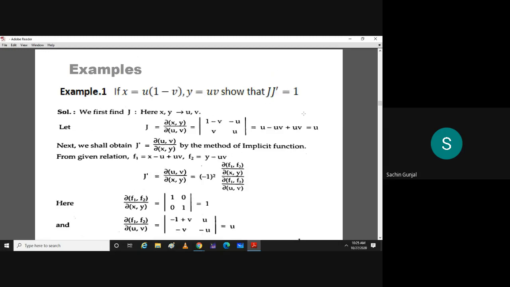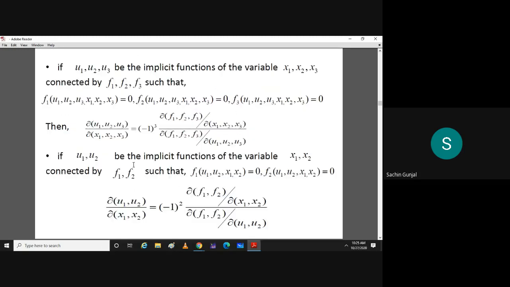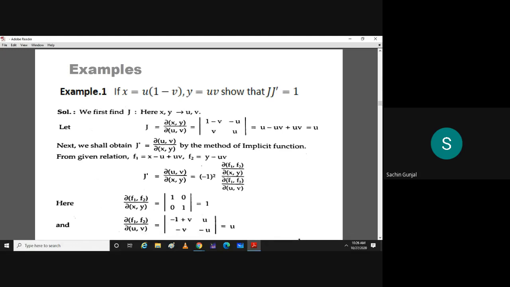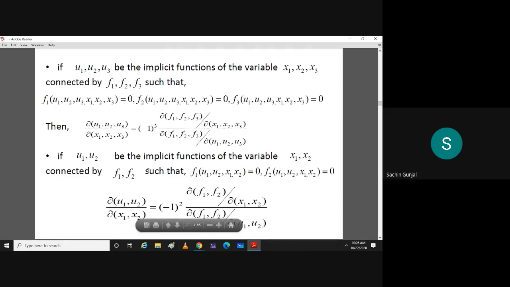See, in this previous note: let u and v be implicit functions of x and y connected by the relations f1 and f2 such that f1 of u, v, x, y equals 0 and f2 of u, v, x, y equals 0. Then we have this. But here we are using it for explicit functions. So it is not necessary and sufficient that the function should be implicit to apply this method. If u and v are implicit functions, then you do this.